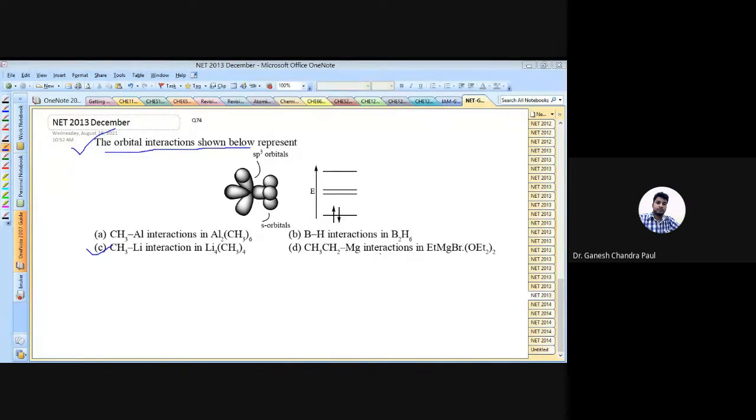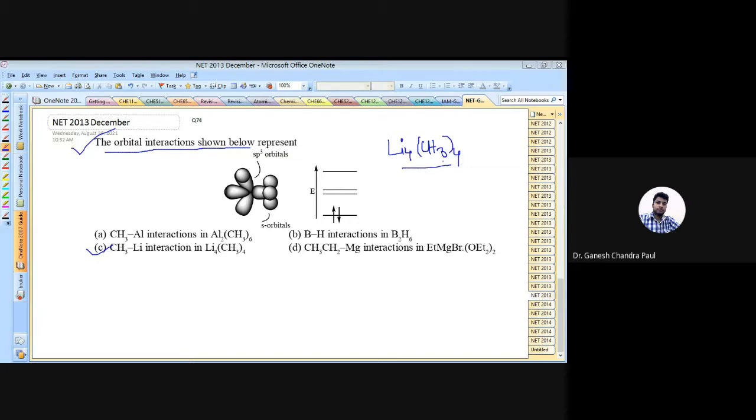This example is also there in RP Sarkar volume 2. This particular MO orbital interaction is present in the organometallic compound tetralithium tetramethyl, (CH3Li)4.